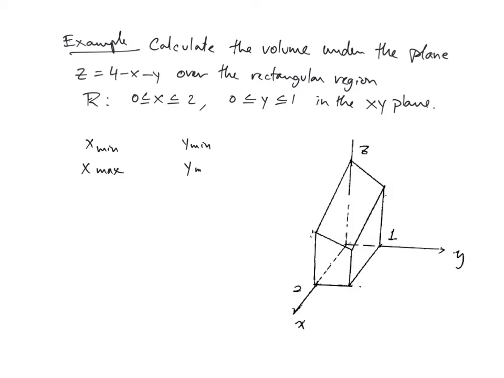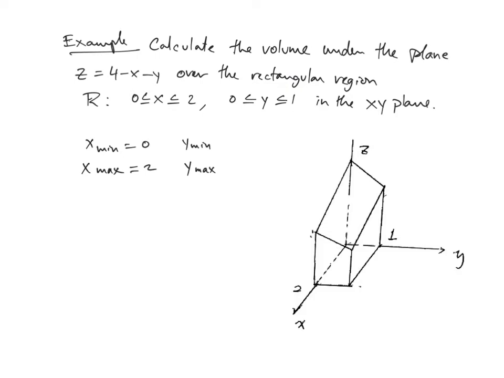These are the limits of our double integral. First integrating maybe with respect to x, so we need x min and x max, and then we integrate with respect to y, so we need y min and y max, or the other way around. It's pretty easy because x min is always equal to 0, and x max is always equal to 2.